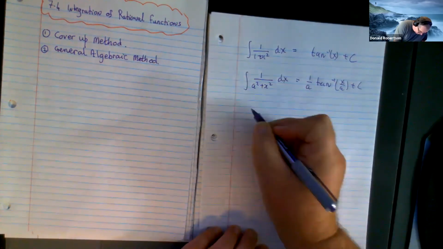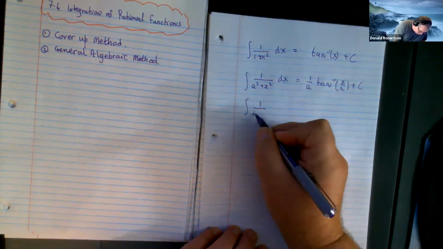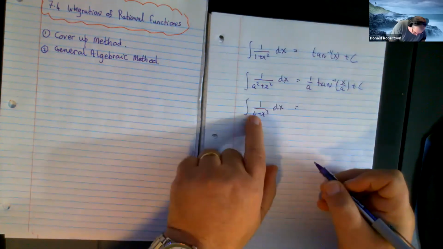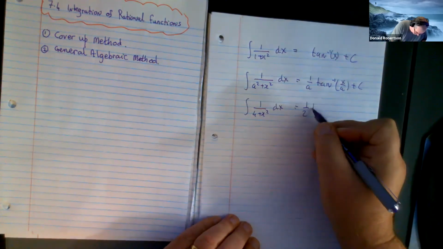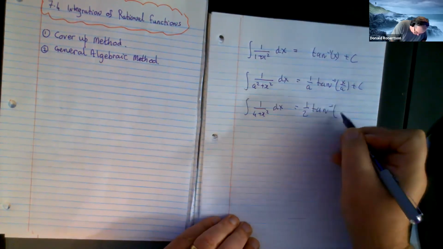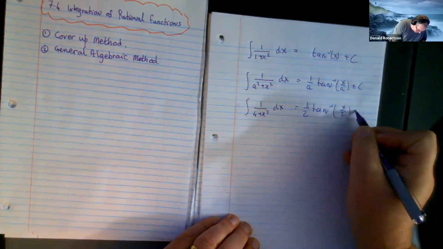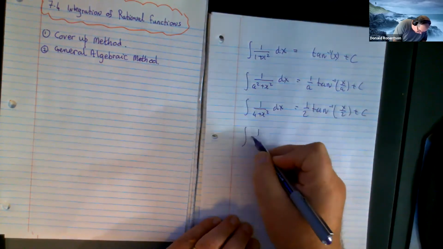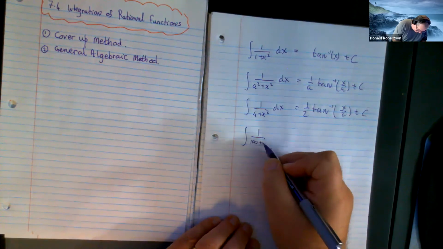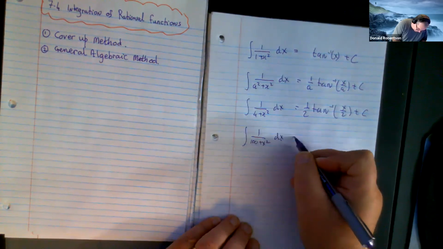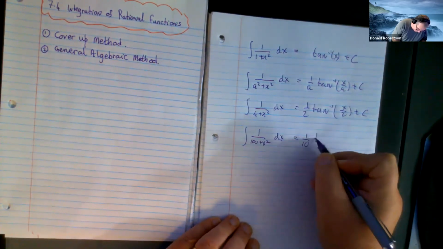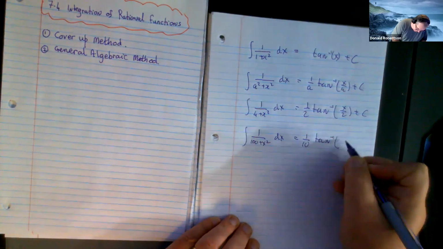So if someone says to you, what is that guy? You're going to say, oh, 2 squared. It's going to be 1/2 the inverse tan of x over 2. And if they give you 1 over 100 plus x squared, it's going to be 1/10 inverse tan of x over 10.